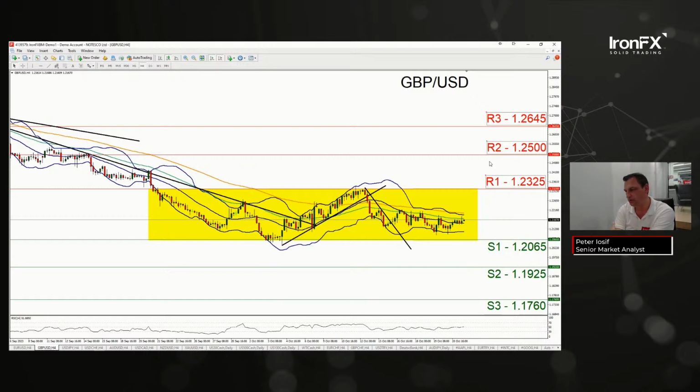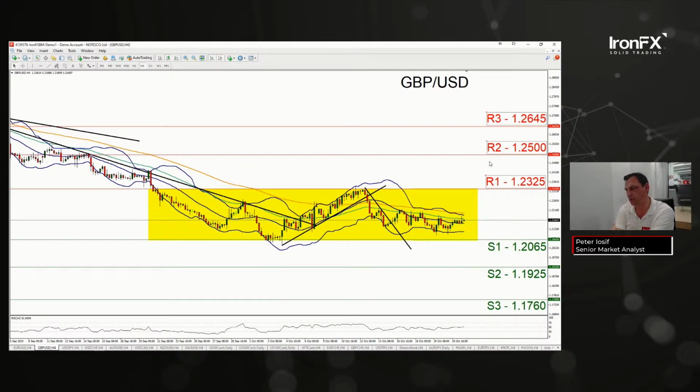I would also be noting here that we're not so interested in the symmetry of resistance support lines. We're more interested in actual peaks and troughs, which tend to imply when one level was visited and found considerable resistance or support, in any way it was able to reverse the price action of the trading instrument, this time cable.